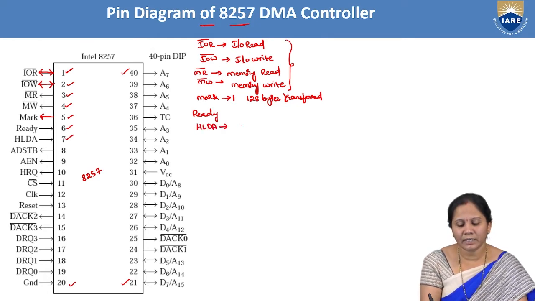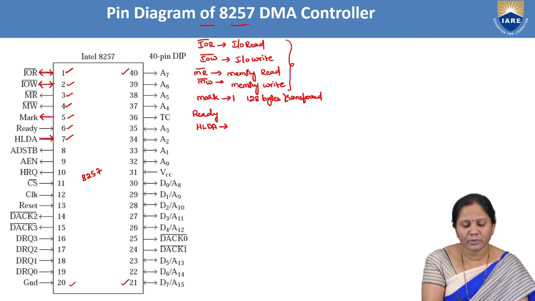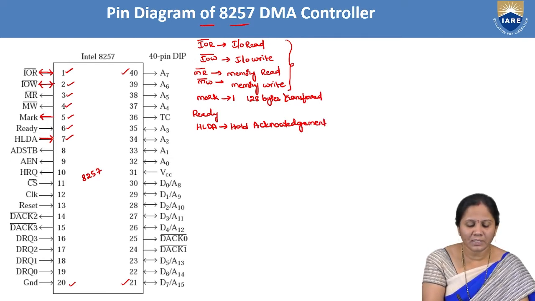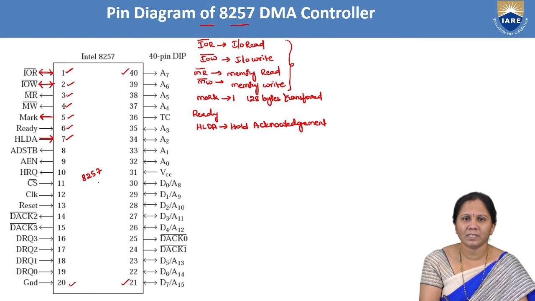Next, the seventh one is HLDA. This HLDA is an input signal, and it represents hold acknowledgement. If you observe here, this is the input signal to the 8257. Where is it coming from?